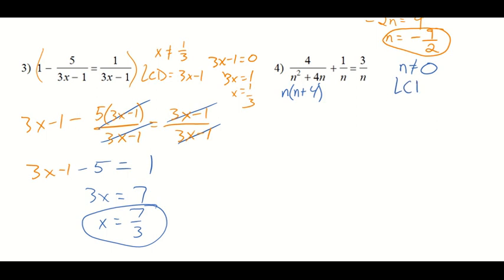So our least common denominator is n multiplied by n plus 4. So we don't need to include multiple n's because it's already included over here. So we multiply both sides of the equation by that.